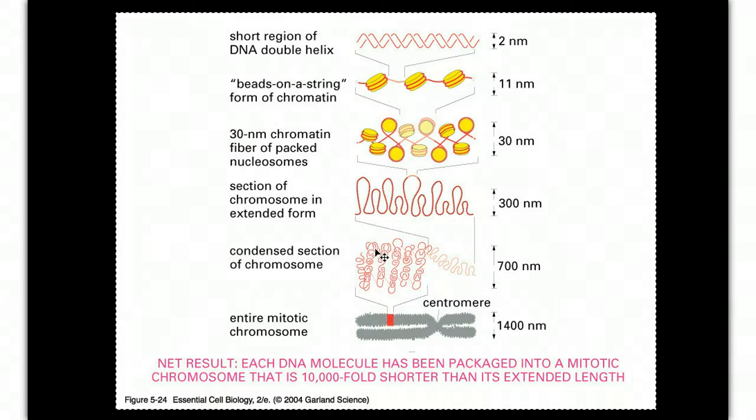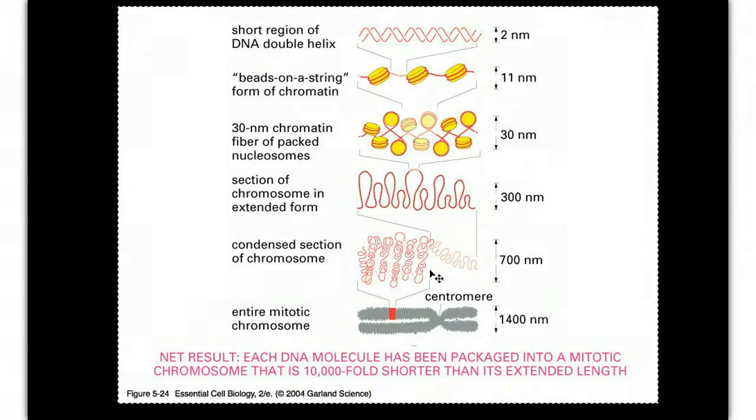So we're looking at basically the width of one of these arms of the chromosome, and this is the way that it's configured. Now, if we were to zoom in on this, we would see DNA that kind of loops up and down like this, that's 300 nanometers in width, and if we zoomed in on a small section of it, we would see DNA wrapped a couple of times around these things called histone proteins.